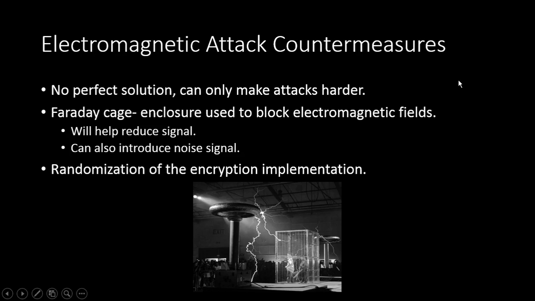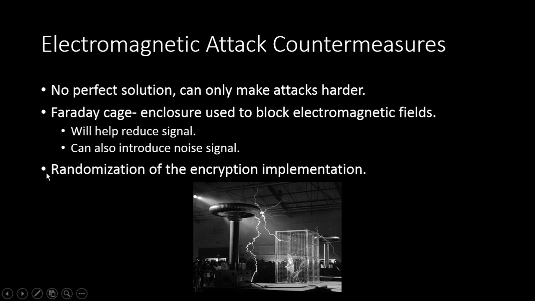So some countermeasures. There's no perfect solution, and we can only make it harder to generate this attack. And first is a Faraday cage, which you can see pictured here at a larger scale. There's actually Faraday cages that are built for either transistors or microprocessors that reduce electromagnetic signals, and they can also introduce noise signal.